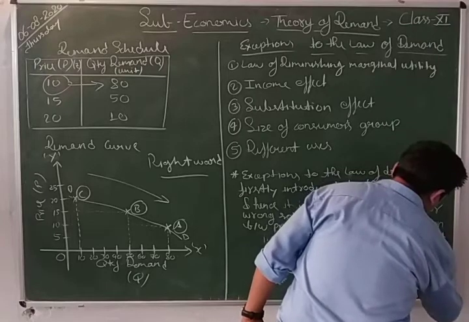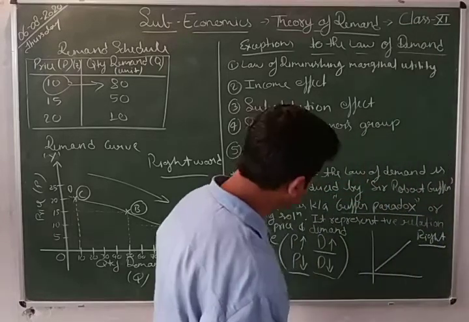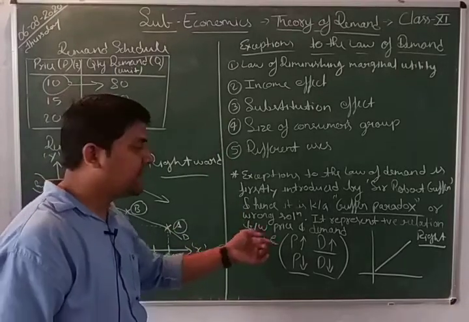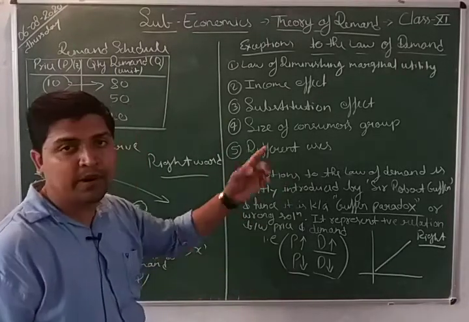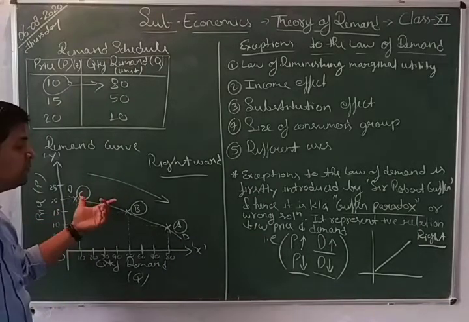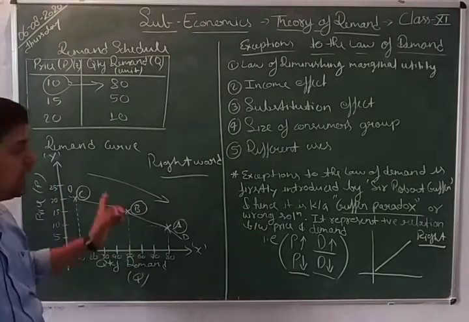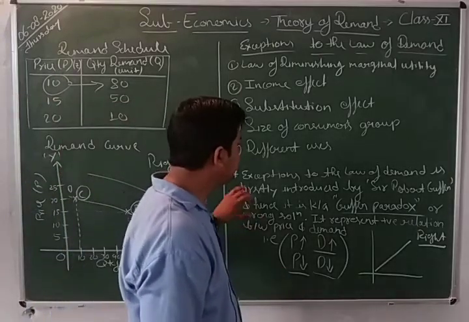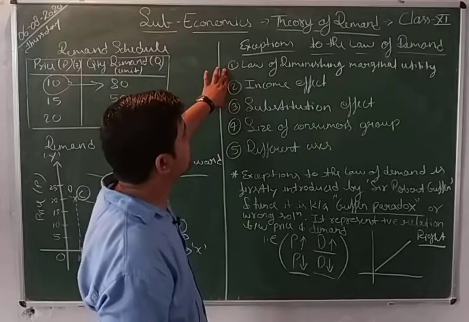Okay, students, it means in Giffen paradox the demand curve moves upward toward the right, and in the law of demand the demand curve moves downward toward the right.